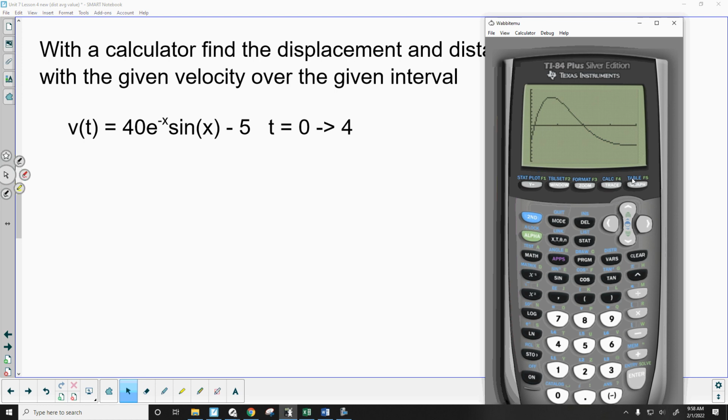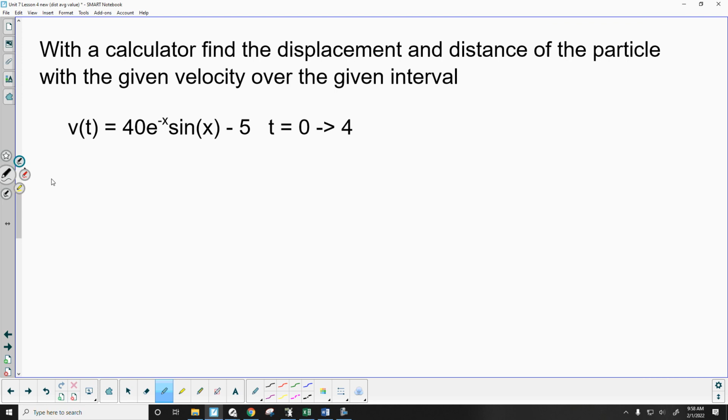It's not going to be nice unless I change it from like 0 to 1. Whatever, let's do it. All right, so find the displacement from 0 to 4.